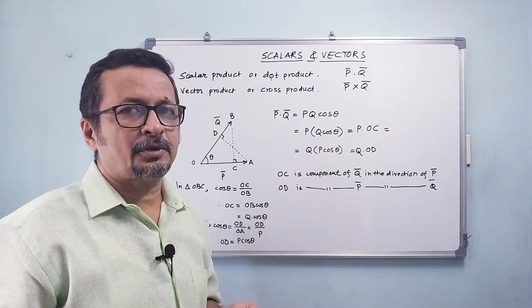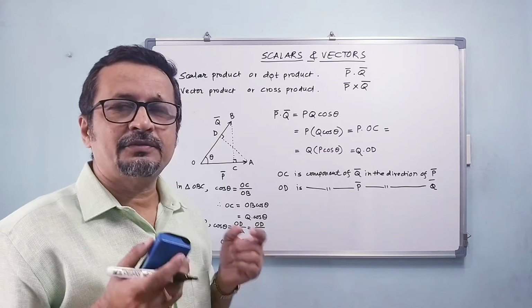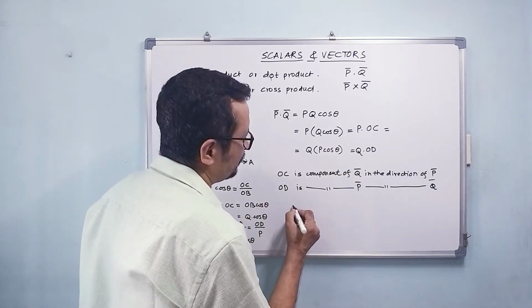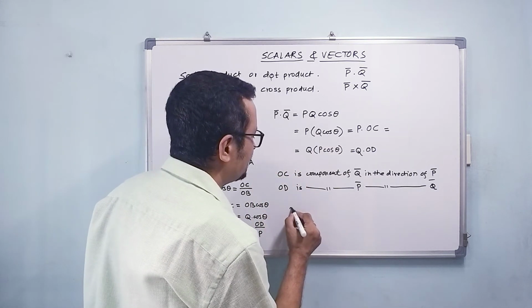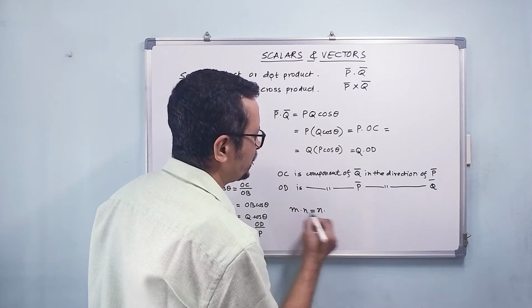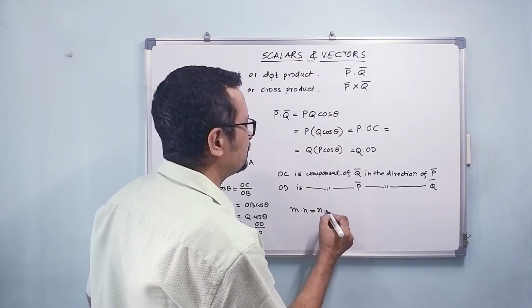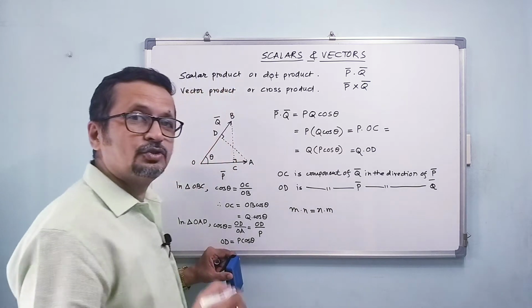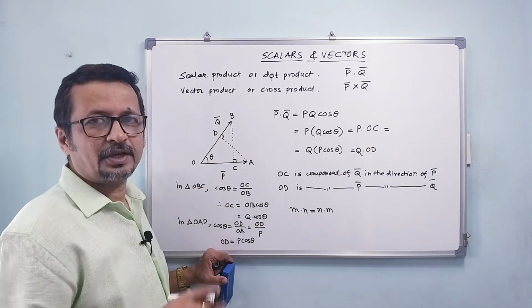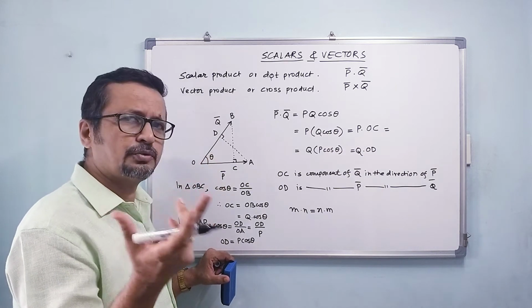Since it is a scalar product, it will be commutative. When I'm dealing with two numbers m and n, m multiplied by n is equal to n multiplied by m. So my scalar product is commutative. You can reverse the orders, absolutely no problem with that.